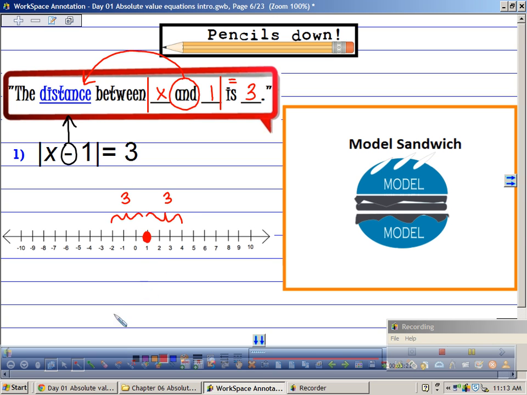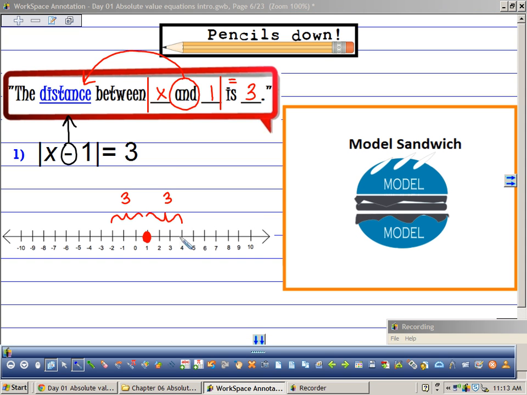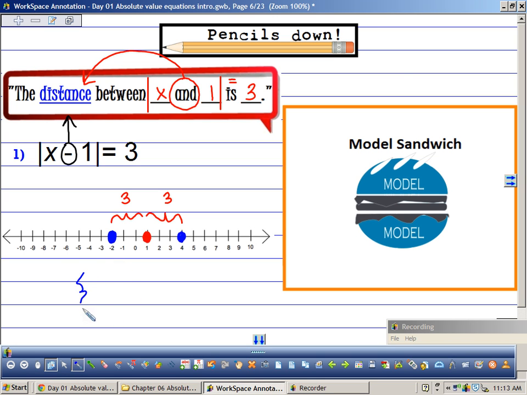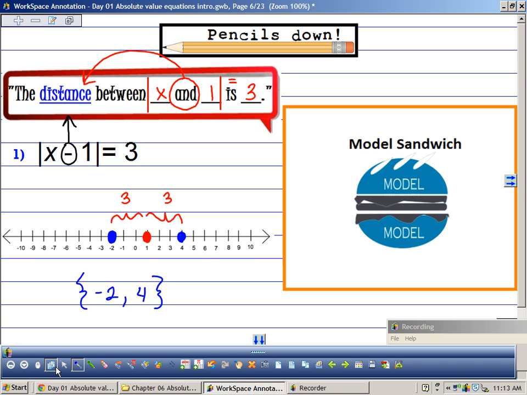The distance between x and the number 1 is 3. So just like in those first warm-up examples, -2 and 4 are both 3 away from 1, is what that's saying. I'll let that sink in for a second.